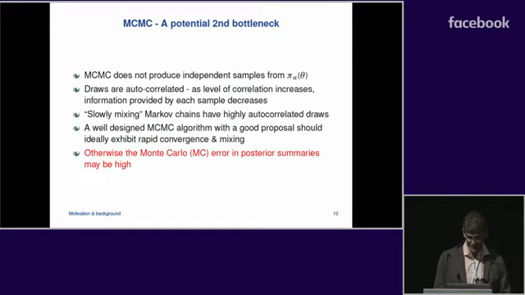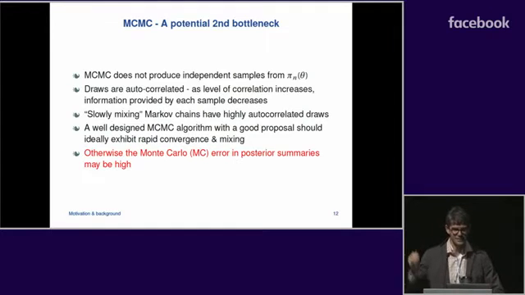Yes, so otherwise the Monte Carlo error and posterior summaries might be high. And what we like to target in terms of scalability is, let's say we run the algorithm for some particular computational clock time. We run it for 5 minutes on a particular platform. Then we would like the Monte Carlo error in the posterior summaries of interest to be as small as possible.